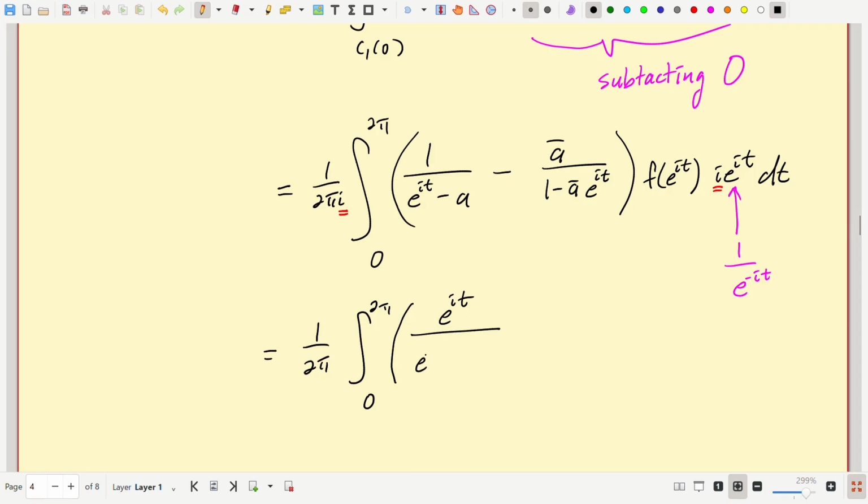And then I have e to the it minus a. But when I distribute it through the other one, I'll use this version of it. And when I do that, I'll get minus a bar over e to the minus it minus a bar. Where'd my z go? Oh, my z is e to the it. Oh, that's 1. Okay, hallelujah. So now I see that these things are now conjugates.